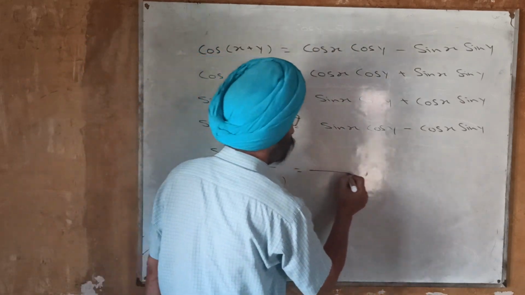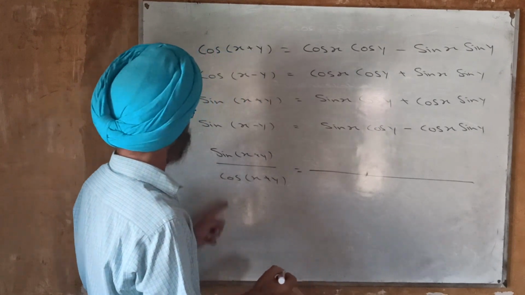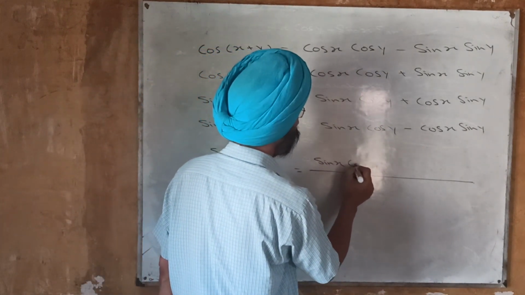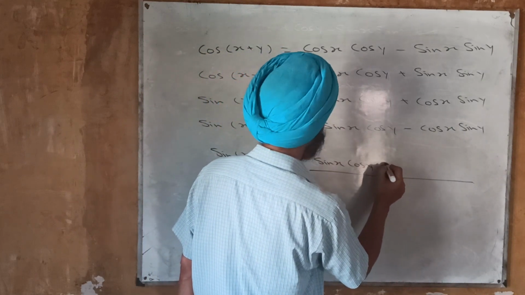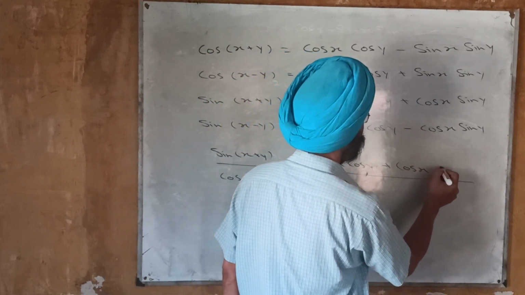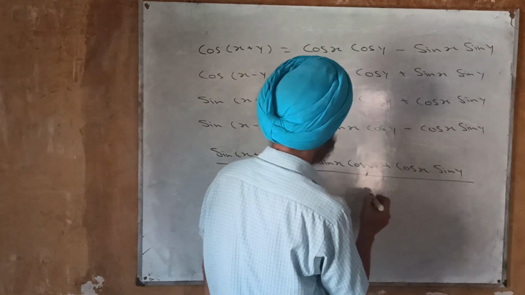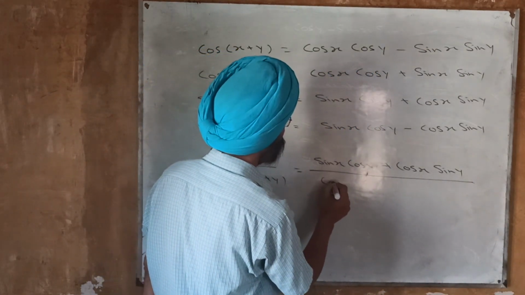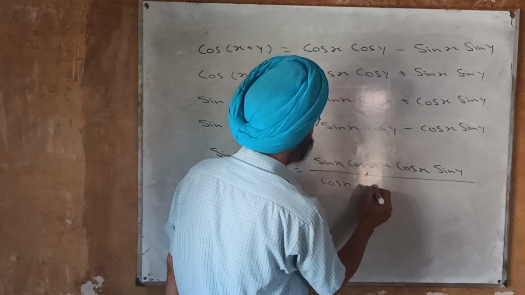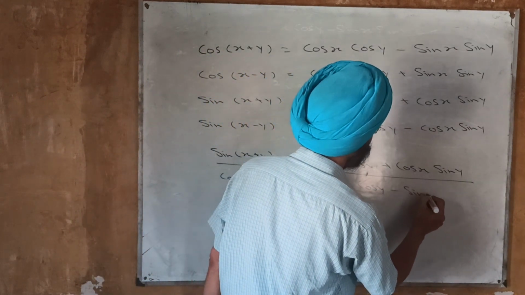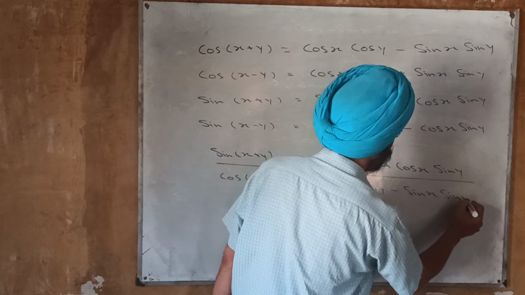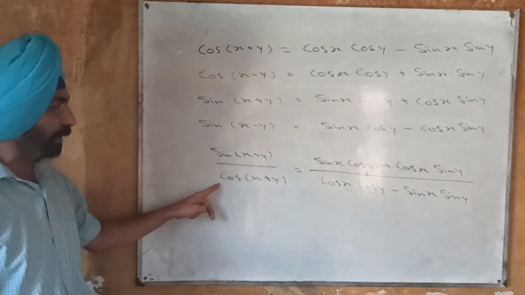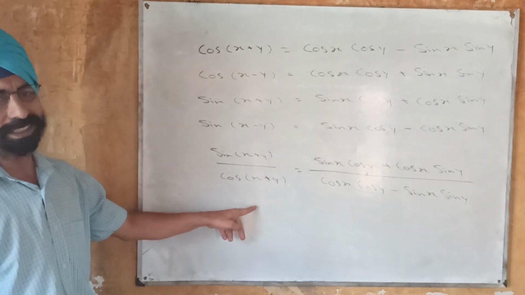Substituting the values, we get sin(x + y) is sin x cos y + cos x sin y, divided by cos(x + y), which is cos x cos y − sin x sin y. Now one thing we know is that sin divided by cos for the same angle becomes tangent.